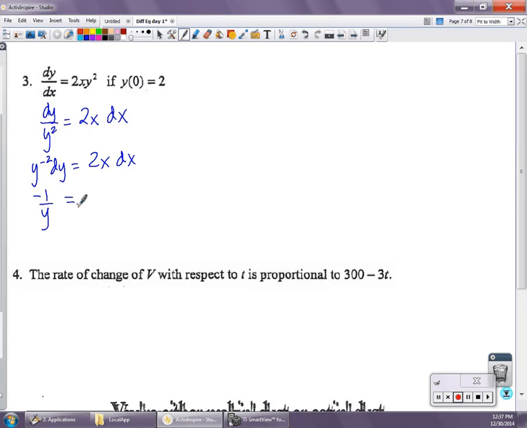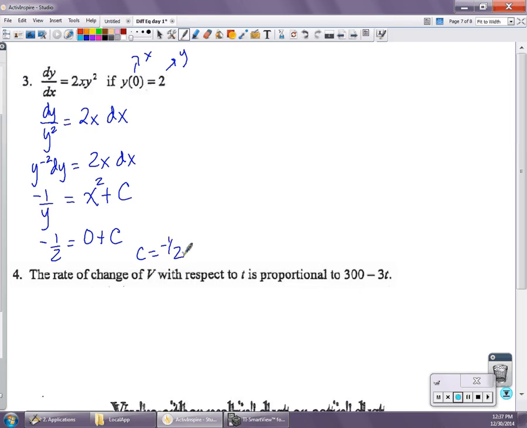On the right-hand side, I have 2x squared over 2, so I have x squared plus c. I'm going to go ahead at this point and substitute the 0 and the 2, 0 in place of x and 2 in place of y to solve for c. So that'll give me negative 1/2 is equal to 0 plus c.